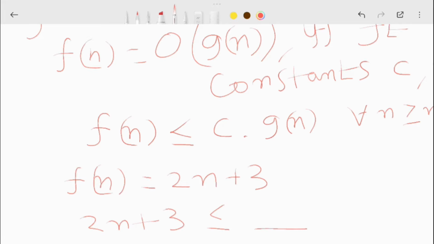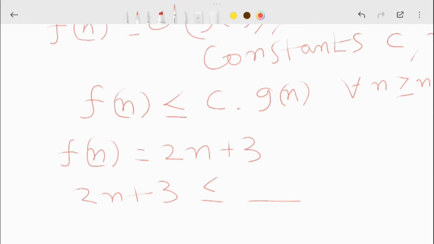For example, if you put 2n, so here C value is 2 and g of n is n. Is it true? No, we cannot say this, because 2n plus 3 is not less than 2n.